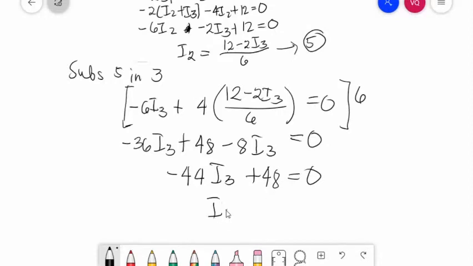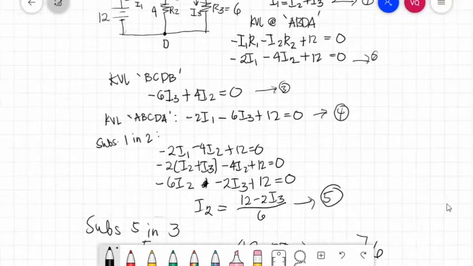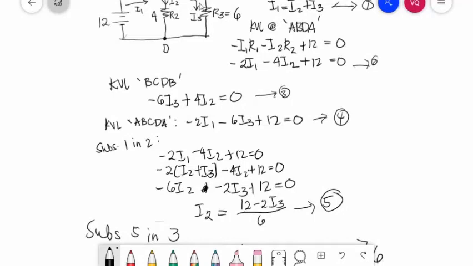So I3 will be equal to 48 divided by 44, which is 1.091 amperes. The answer is positive, so that means our assumed direction of current is correct. The direction of current I3 is downward.